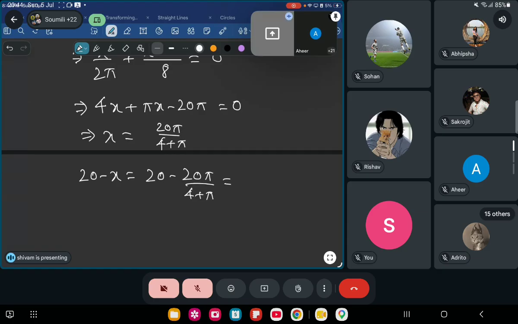What do we get? We'll get (80 plus 20 pi minus 20 pi) upon (4 plus pi). So this will give us 80 by (4 plus pi). Tell me, are people getting?